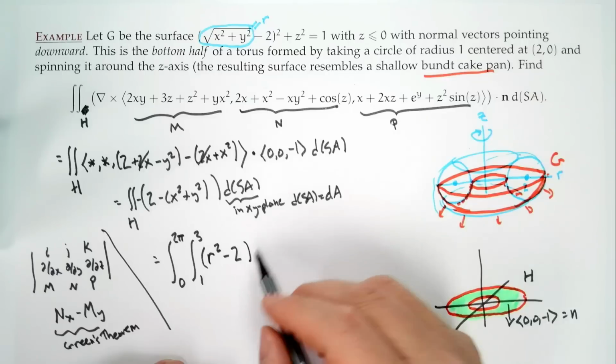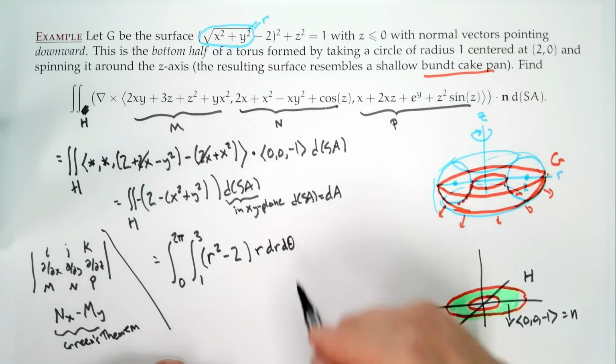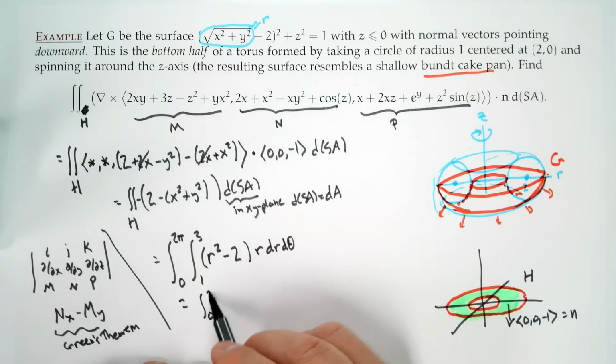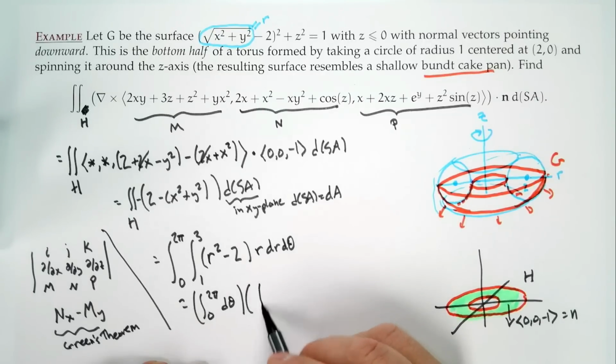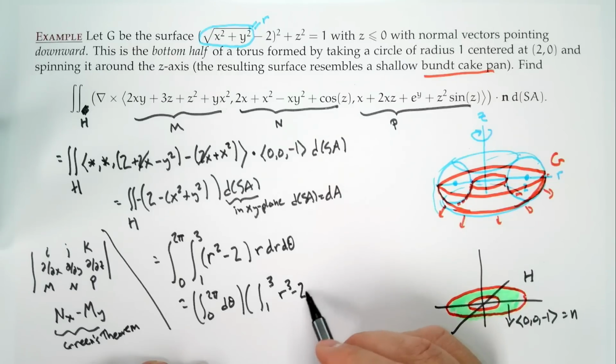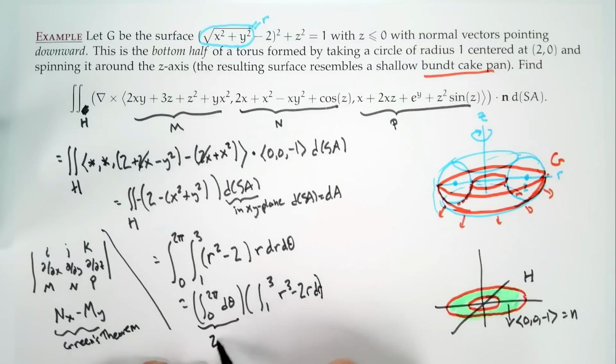Then your dA, which is your dS, is r dr d theta. So this is the integral 0 to 2 pi d theta, integral 1 to 3 of r cubed minus 2r dr.